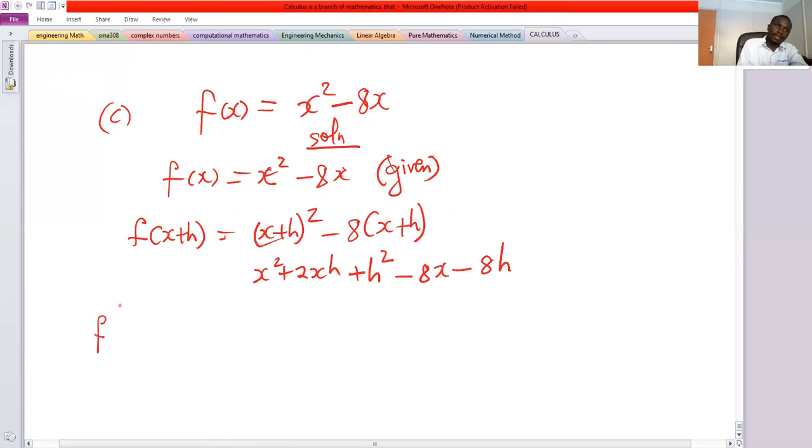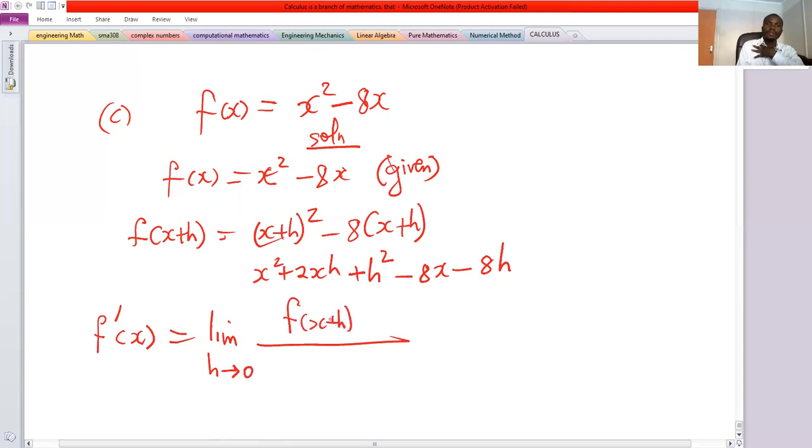So by definition, f prime is given by the limit as h approaches 0 of f of x plus h minus f of x, divided by h.